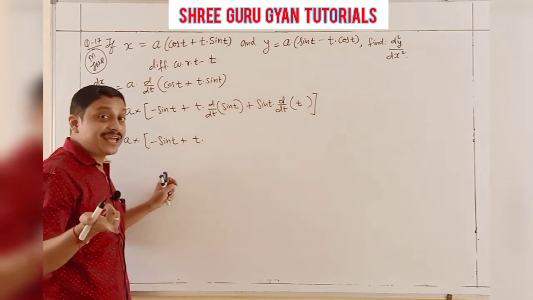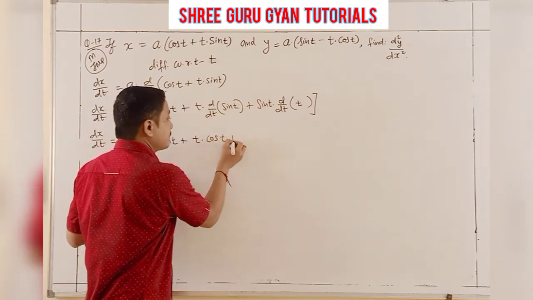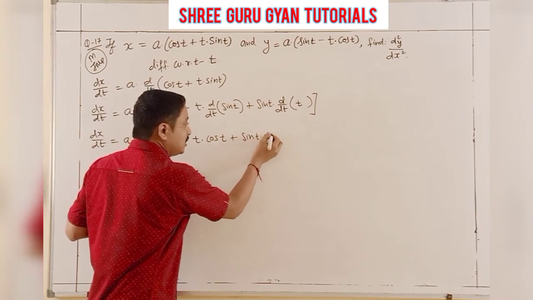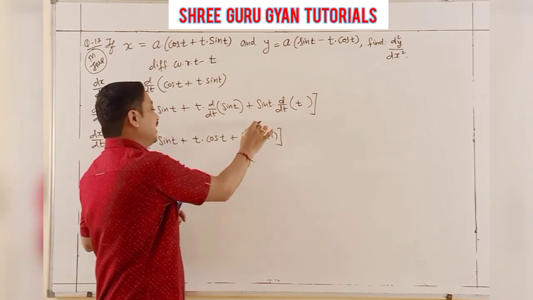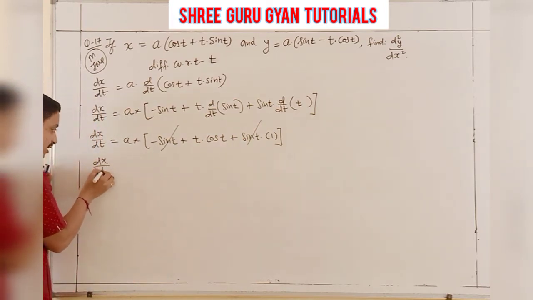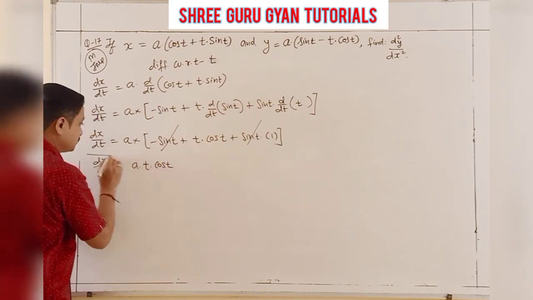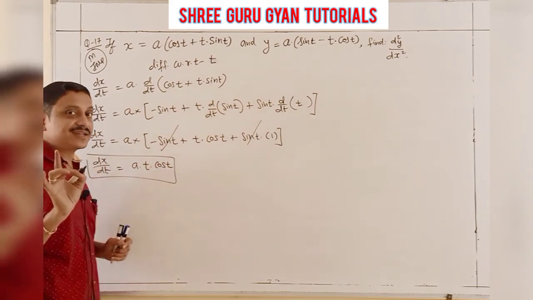Now sin t derivative with respect to t is cos t. Again here t with respect to t is 1, and that cancels. Only and only we get dx by dt equal to a into t into cos t. Students, the first part is that.